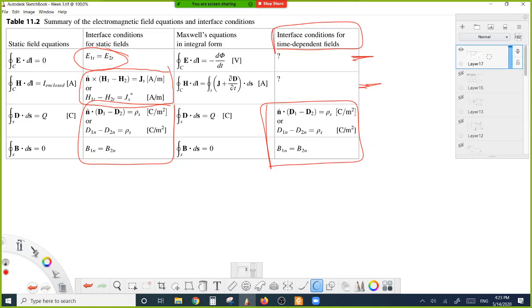And the last two are the interface conditions for the tangential components of electric field intensity E, derived from equation 1128.